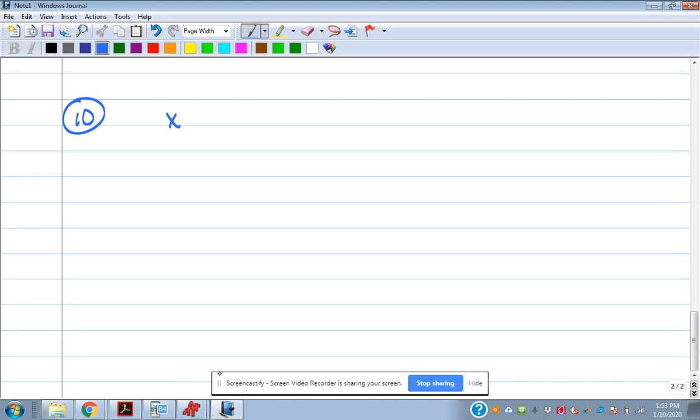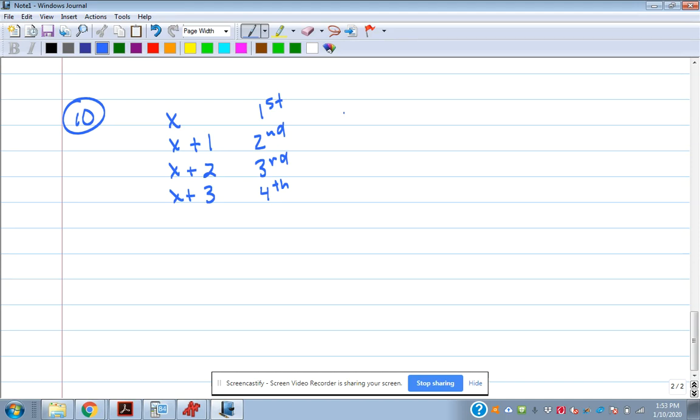It's plus 1, right? So the next one would be x plus 1. The third one would be x plus 2, and the fourth one would be x plus 3. So this is the first, second, third, and fourth integers.